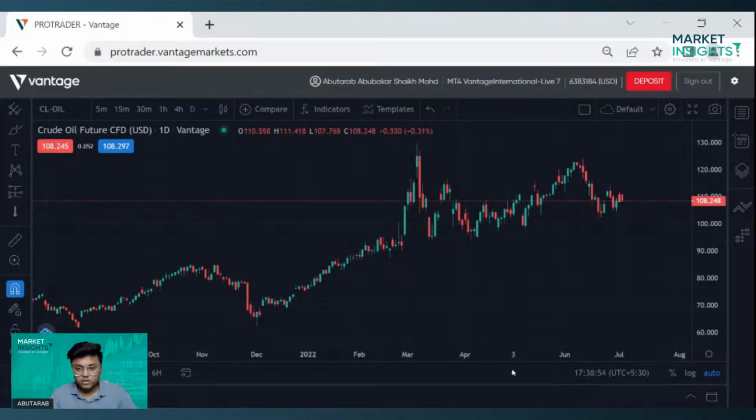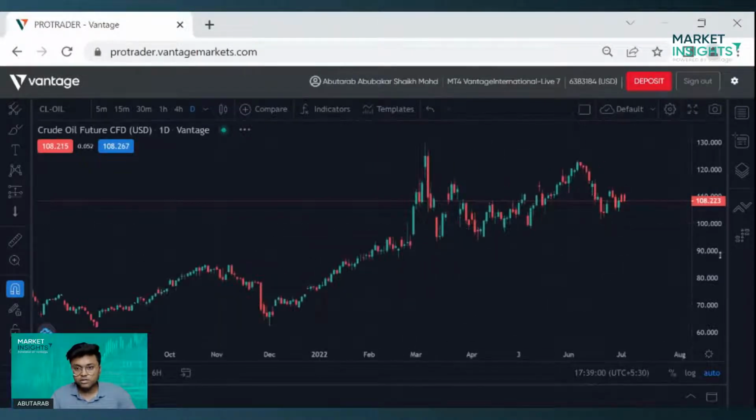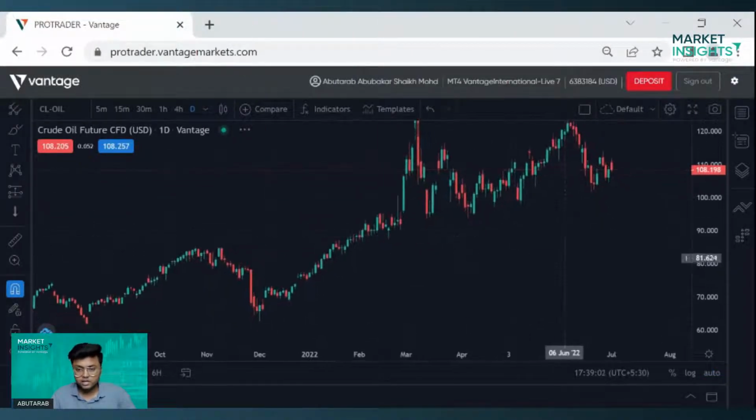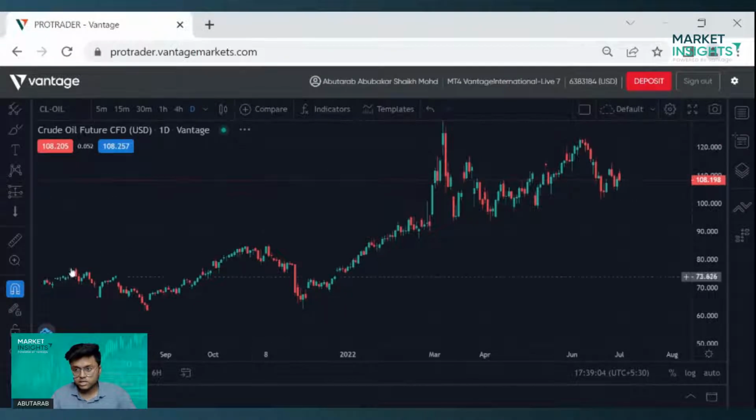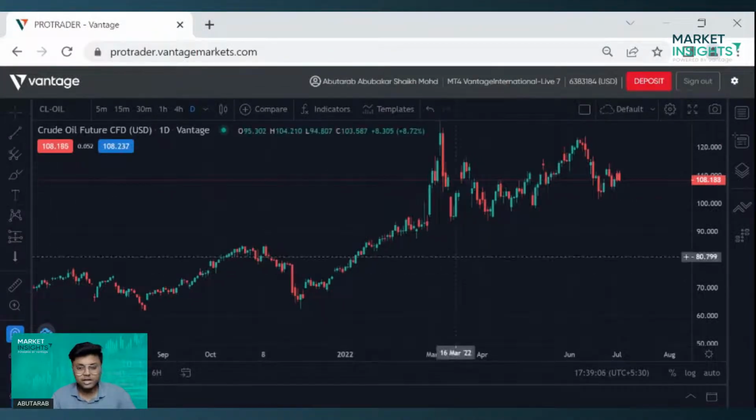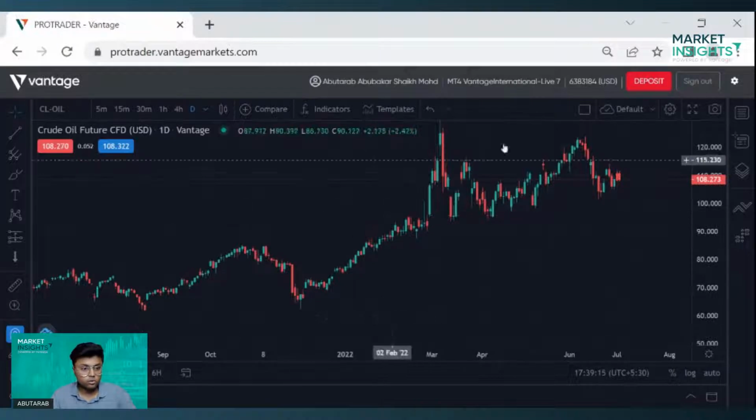Okay, you can see in front of you the Vantage Pro Trader terminal. Vantage provides this terminal, which is absolutely amazing, and it has so many tools to work with that most of your analytical and trading requirements are fulfilled in one go. So today we are going to see how to analyze this particular thing.